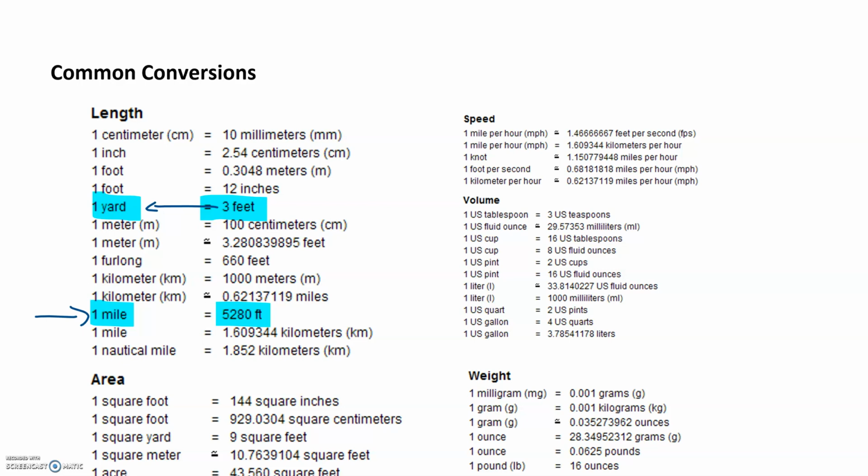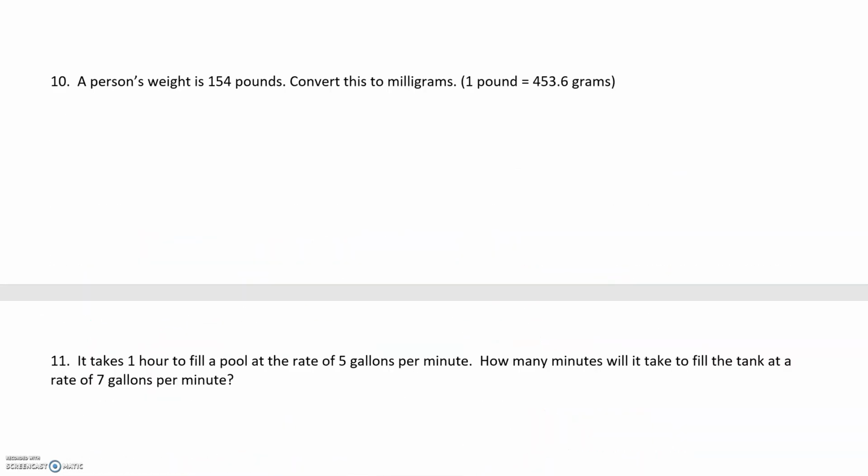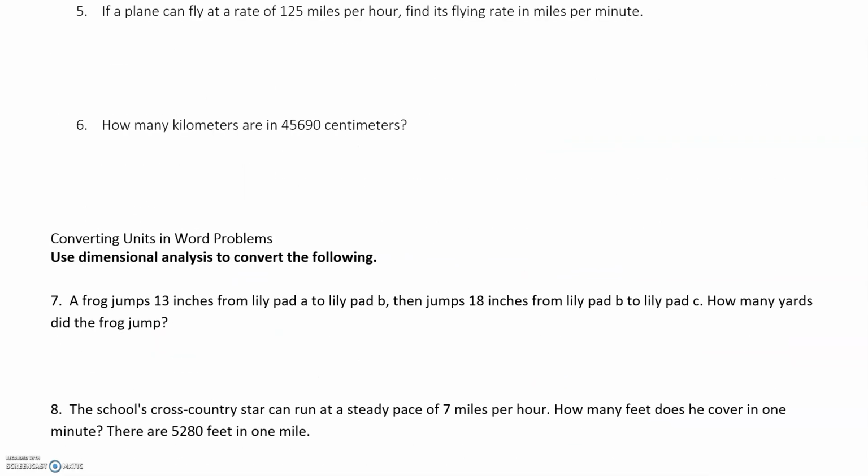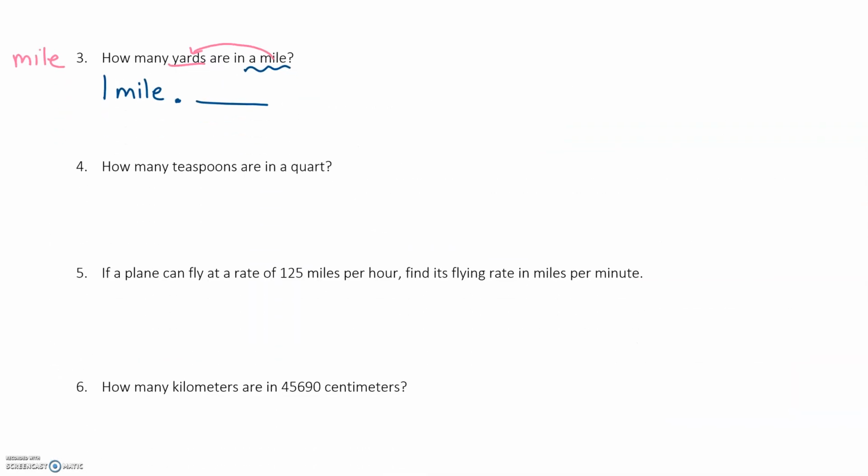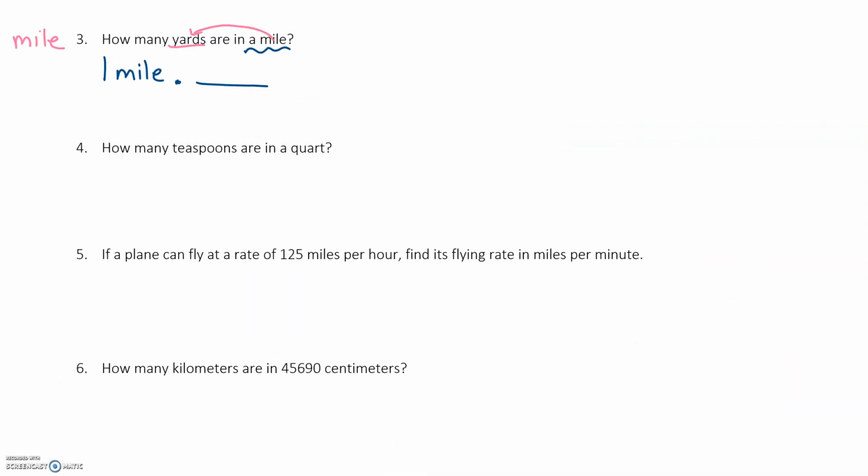Okay, so let me scroll back up. We just said we can go from miles to feet and then feet to yards. So we are going to change the mile down to feet.